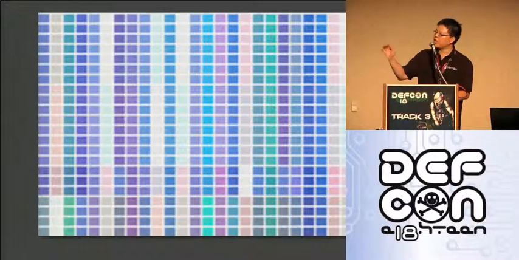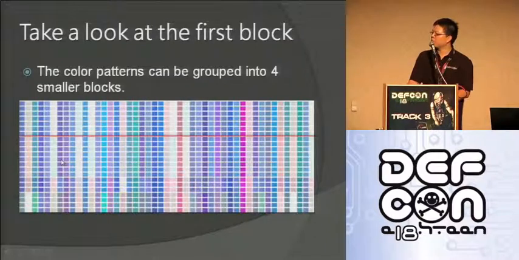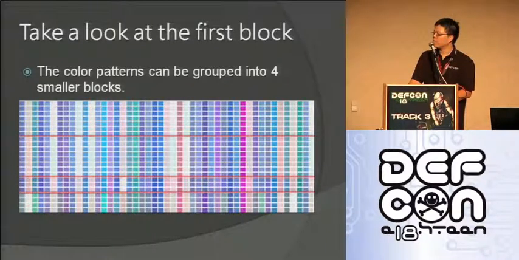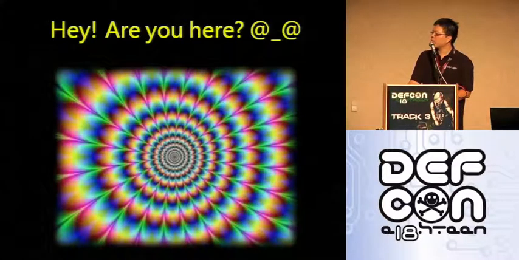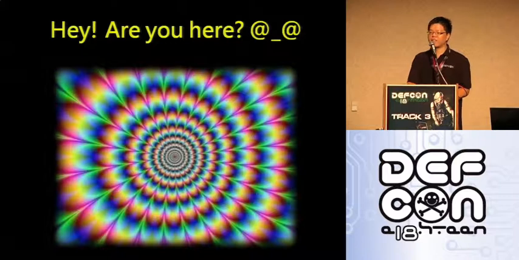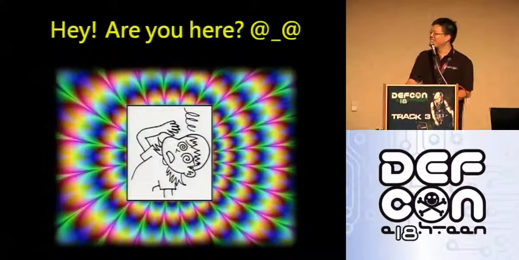So it seems that you can see 4 blocks within this big block. Simply by visualizing it, you can already group these colors into 4 blocks. I hope that you are not feeling dizzy.